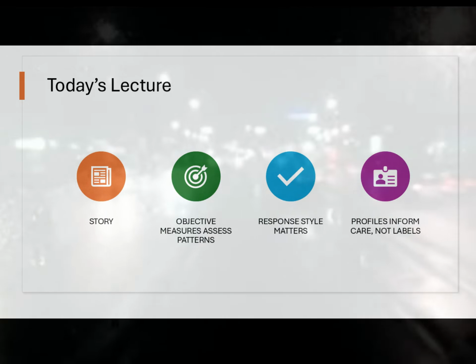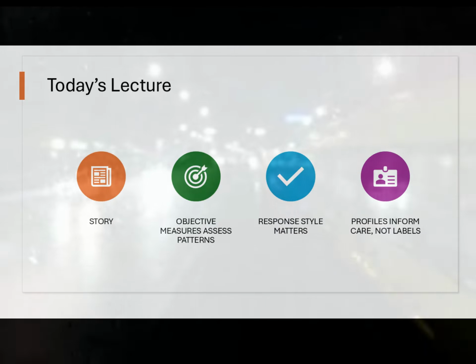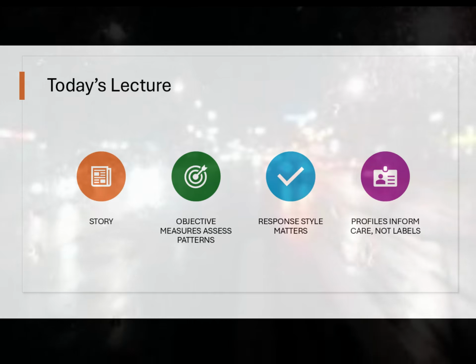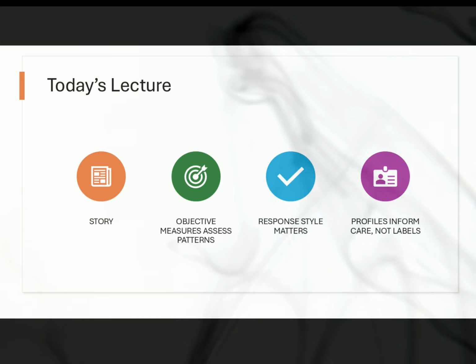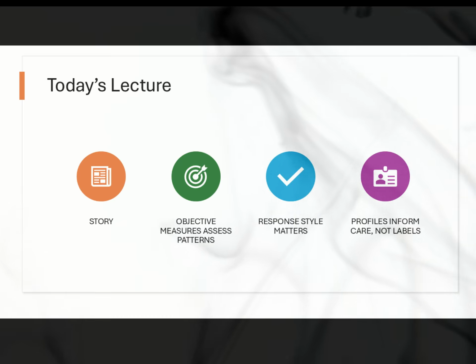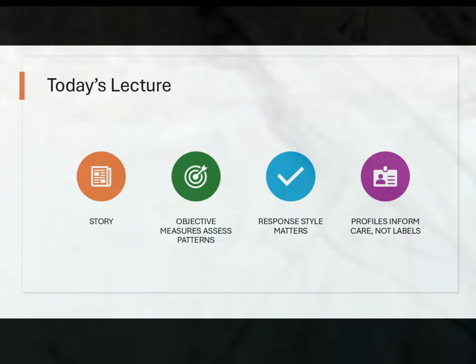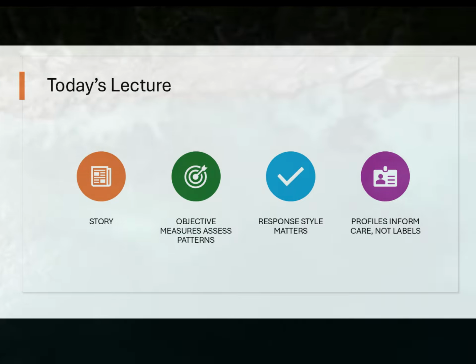A profile might suggest anxiety or trauma-related distress, or somatic concerns, or suspiciousness, or emotional instability, or some chronic interpersonal difficulty. And the point here is that measures rarely tell us one simple thing.